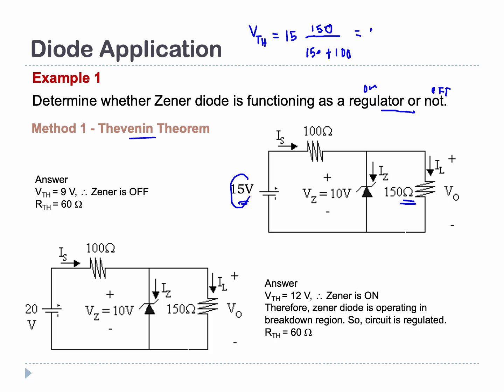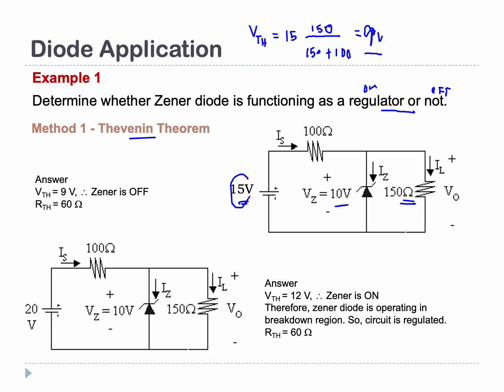So your V Thevenin is 9 volts. Don't forget to write volts here. In this case, we can compare this value of 9 volts and this 10 volts value.